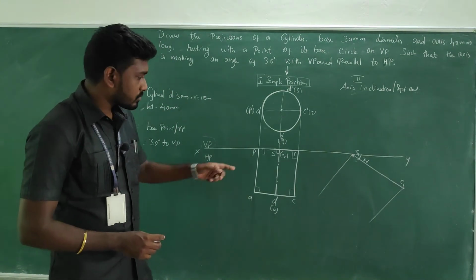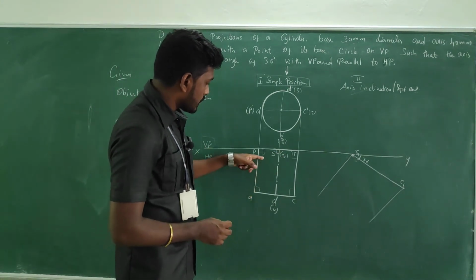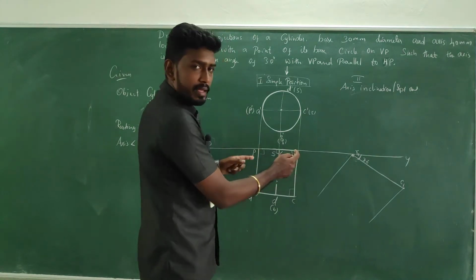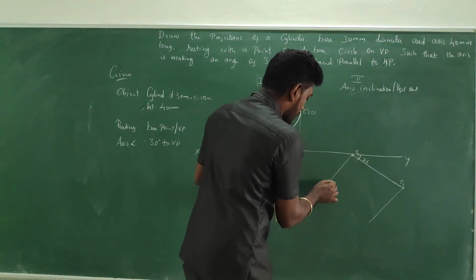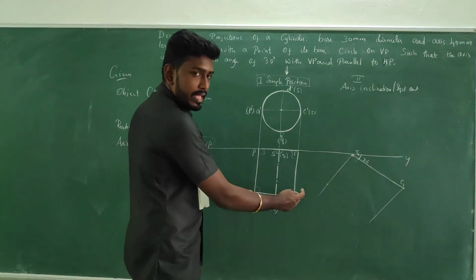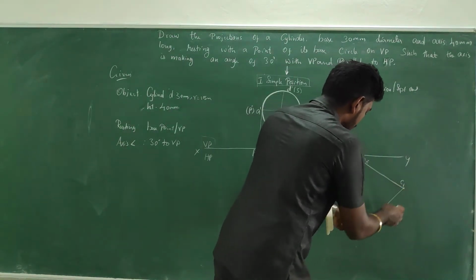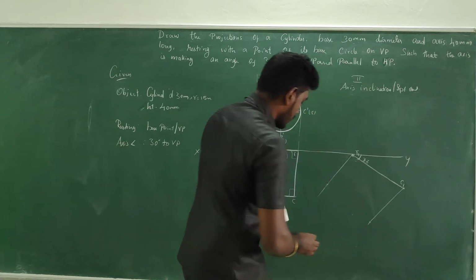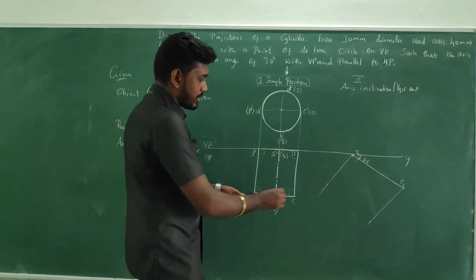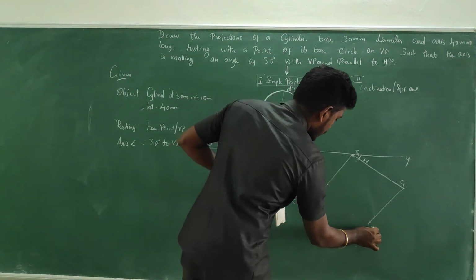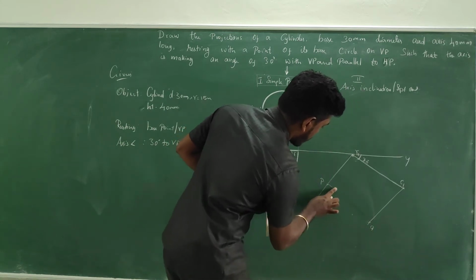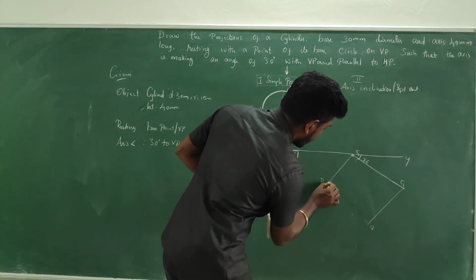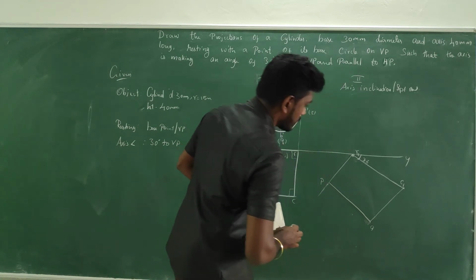Now from O to P, measure it in your compass, just have a cut mark. C to A, measure it in your compass, just have a cut mark. You will get here, this is P and this is A. So the boundary we have constructed.